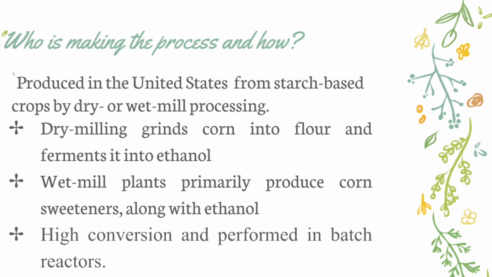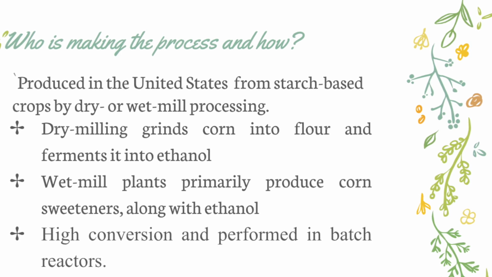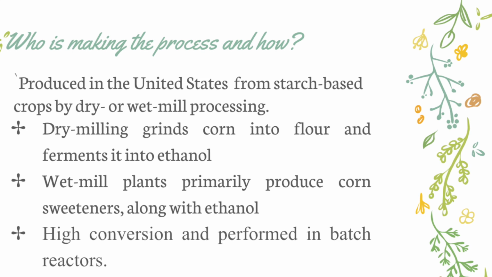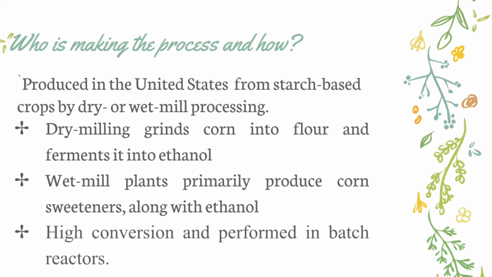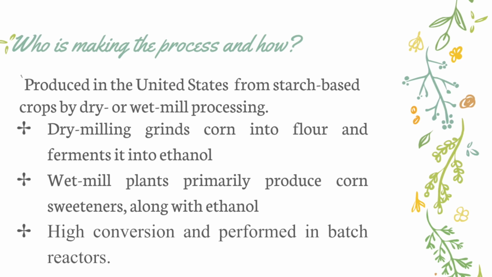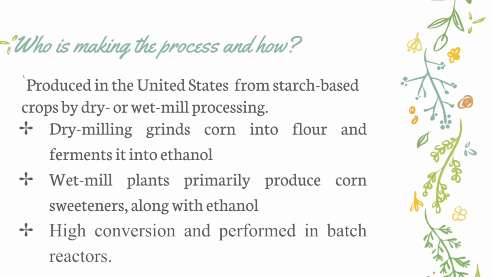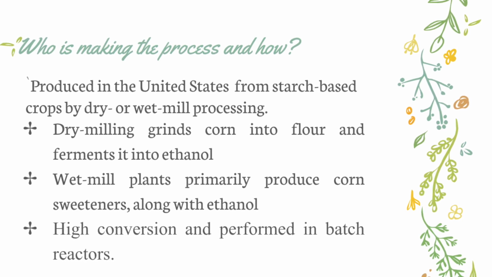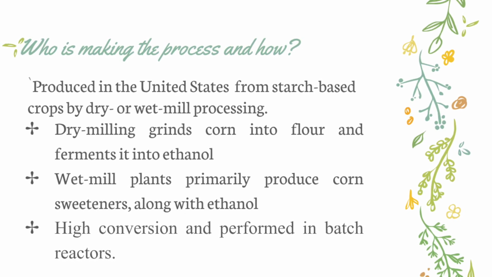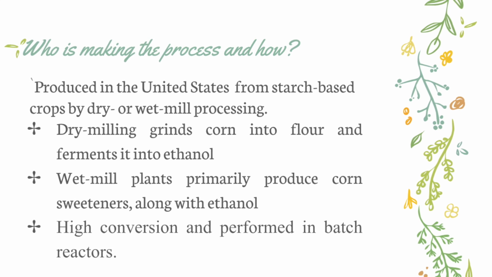Starch and sugar-based ethanol is mostly produced in the United States from starch-based crops by dry or wet mill processing. Nearly 90% of ethanol plants are dry mills due to lower capital costs. Dry milling grinds corn into flour and ferments it into ethanol, with co-products of distillers grains and carbon dioxide.